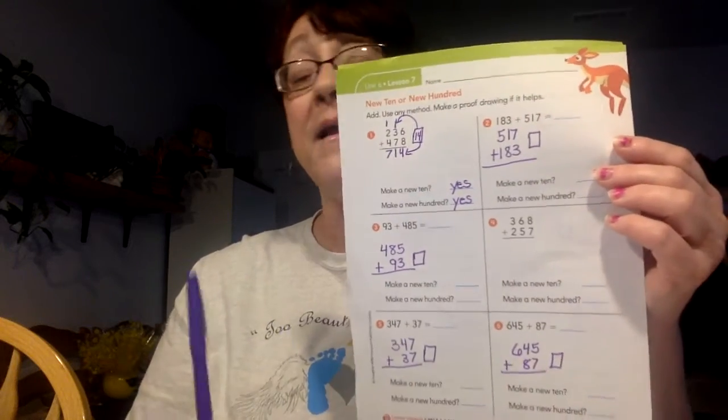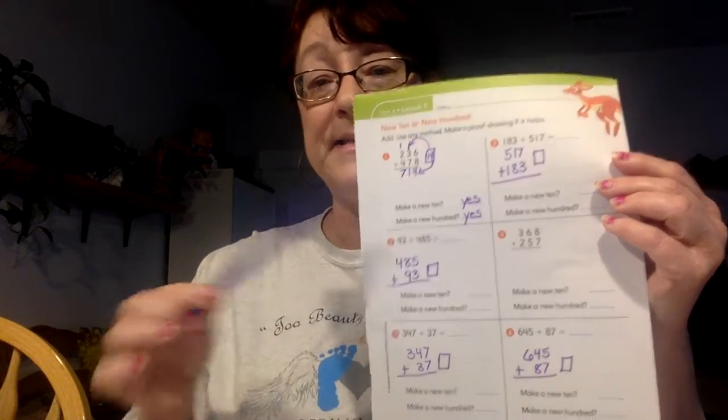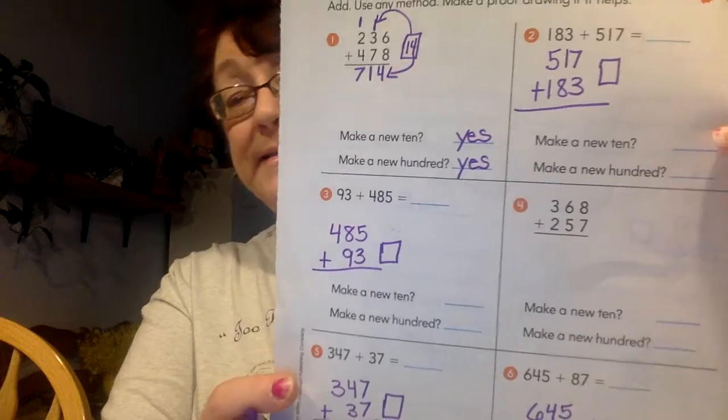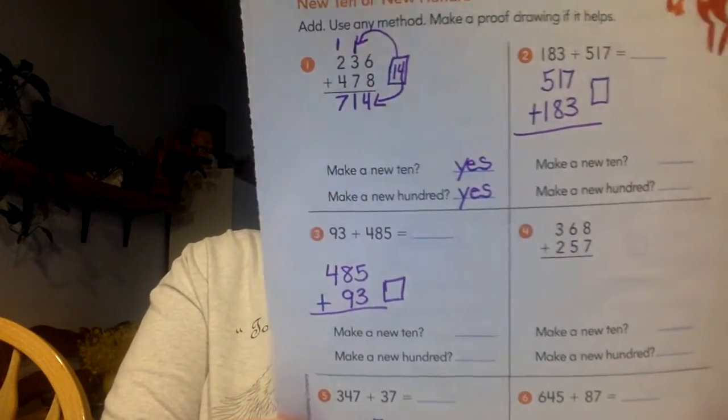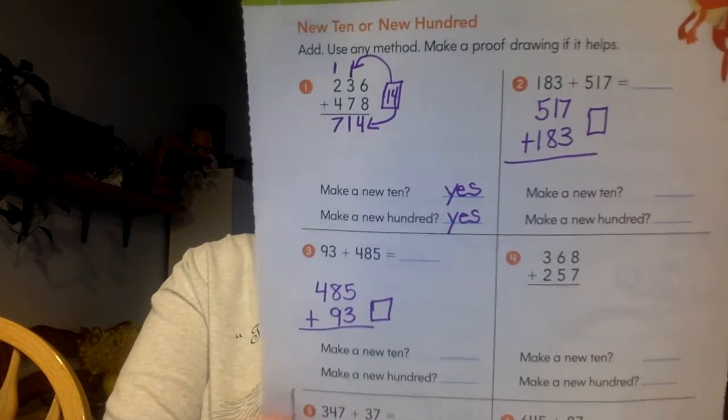Now, it may not be like that on every problem, so you need to remember the rules that we've talked about and look at them carefully. Now, if you notice, some of these problems were written down on the horizontal way, and I rewrote them the vertical way.